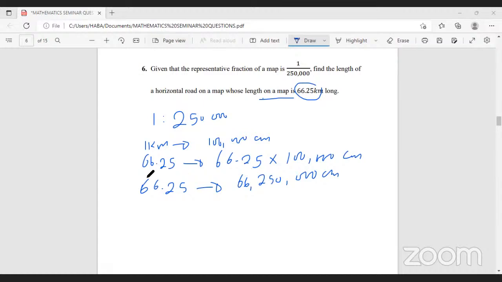We can confirm with the calculator. We get 6,625,000.